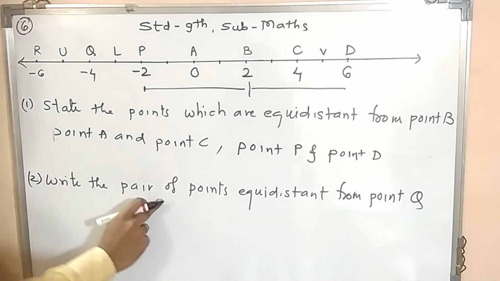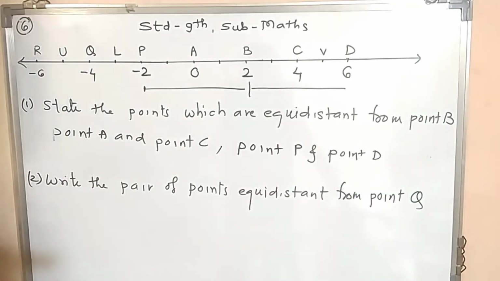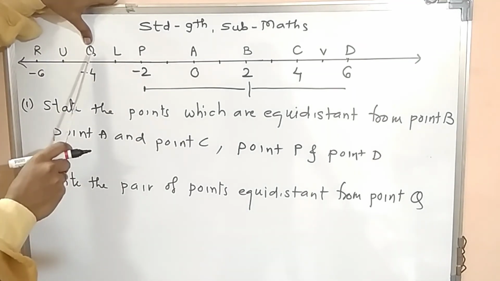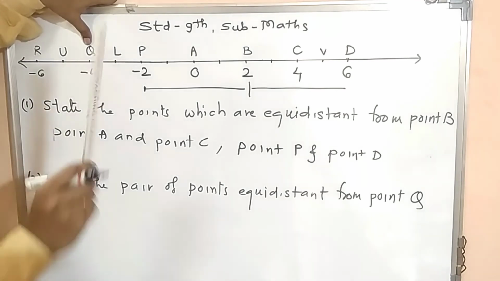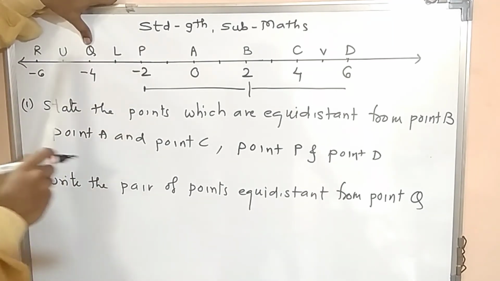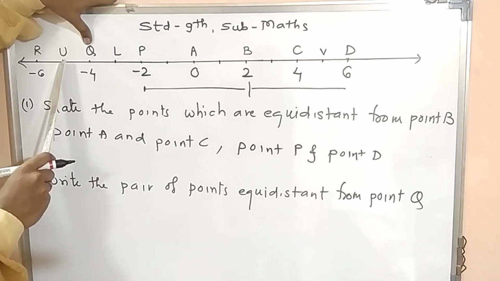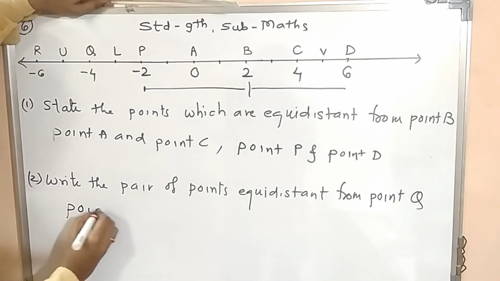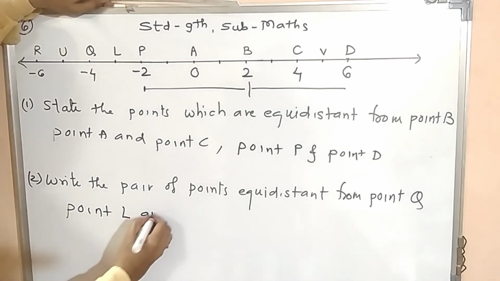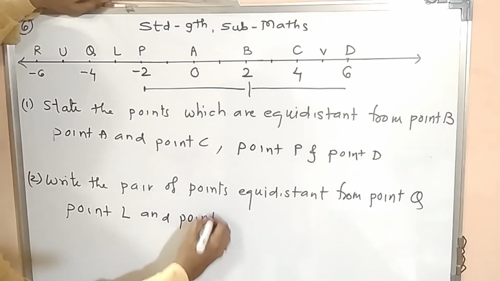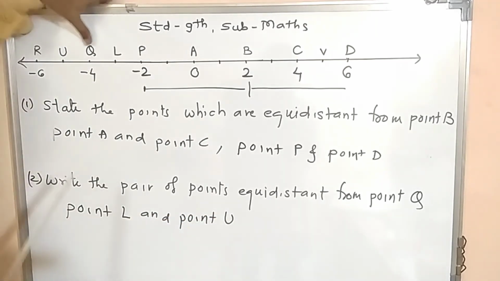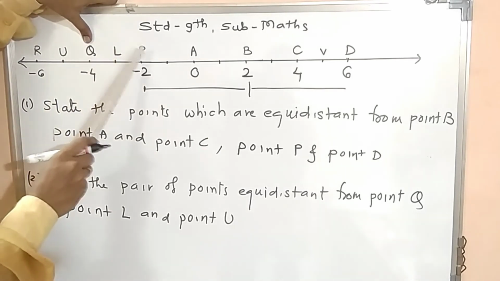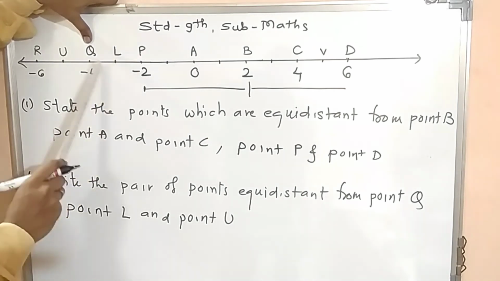Write the pair of points which are equidistant from point Q. Look at point Q. Here point L is at a distance of 1 unit. Point U is again at a distance of 1 unit from point Q. So the first pair is point L and point U. Again, see here, this is point Q. See point P. Point P is at a distance of 1 and 2.